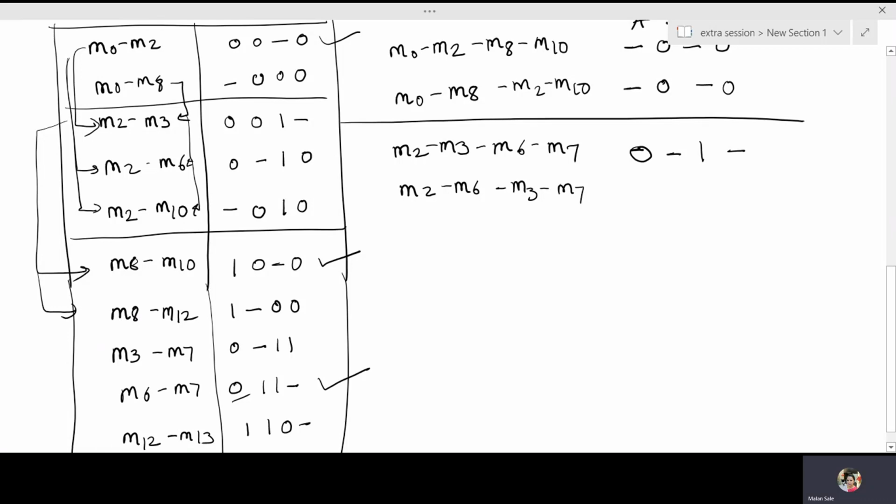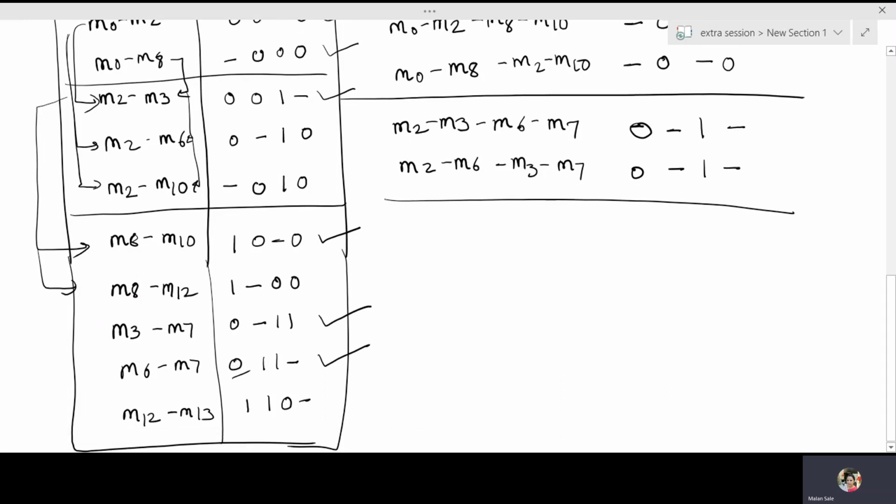M6, M7 is in the pair, M2, M3 is in the pair, so I am putting the tick mark. M0, M8 has a tick mark. Now M3, M7: M7 is in the pair, so put the tick mark and replace the bits with 0-1-.